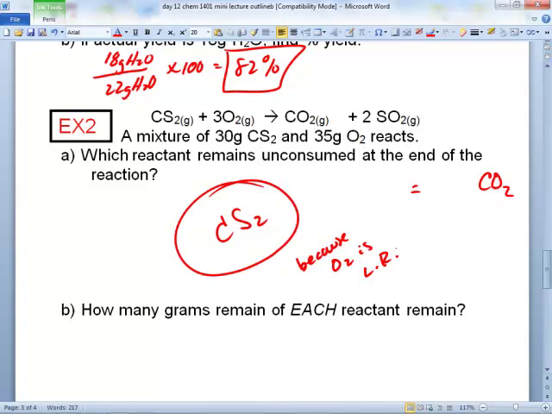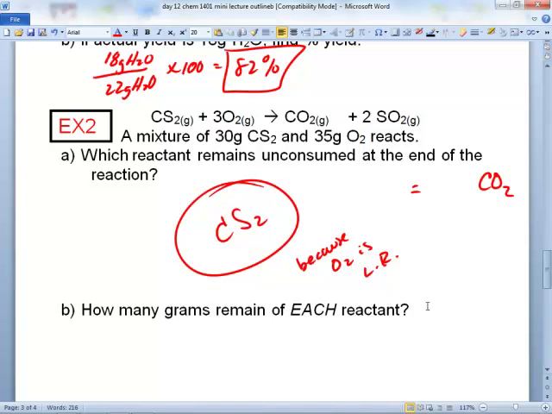Part B, how many grams remain? I just changed your question a little bit from your notes there. How many grams remain of each reactant? Well, how many grams of oxygen remain?